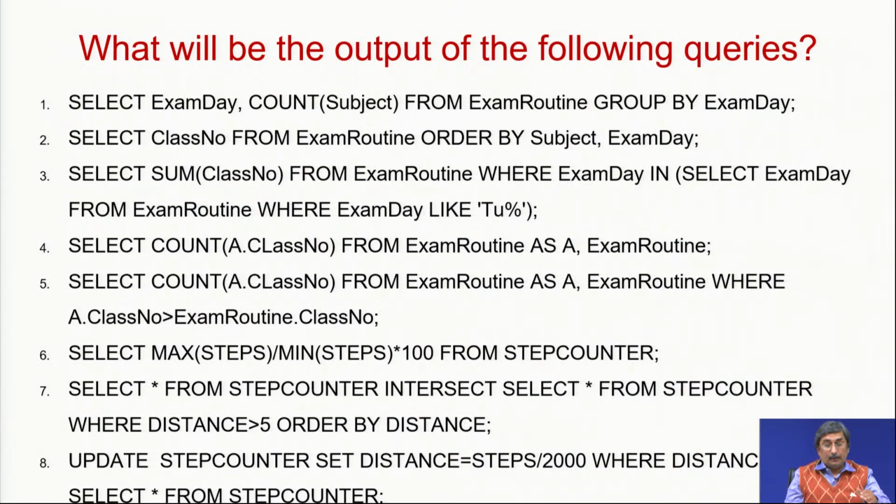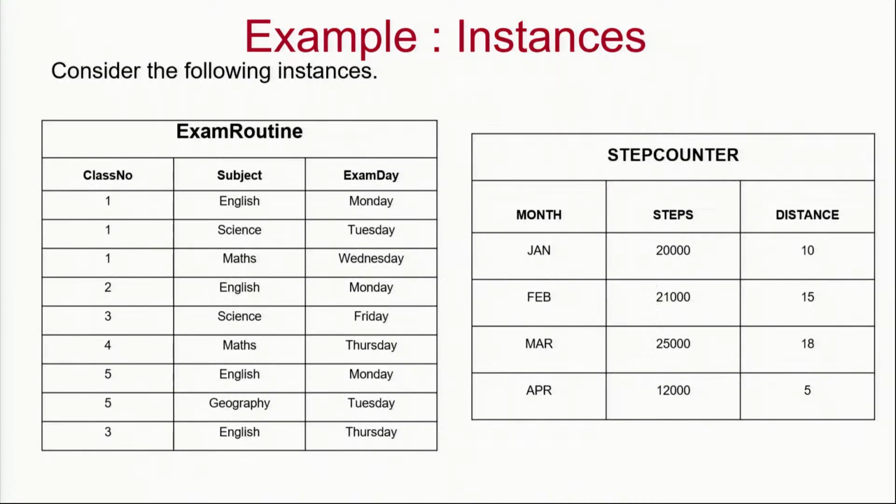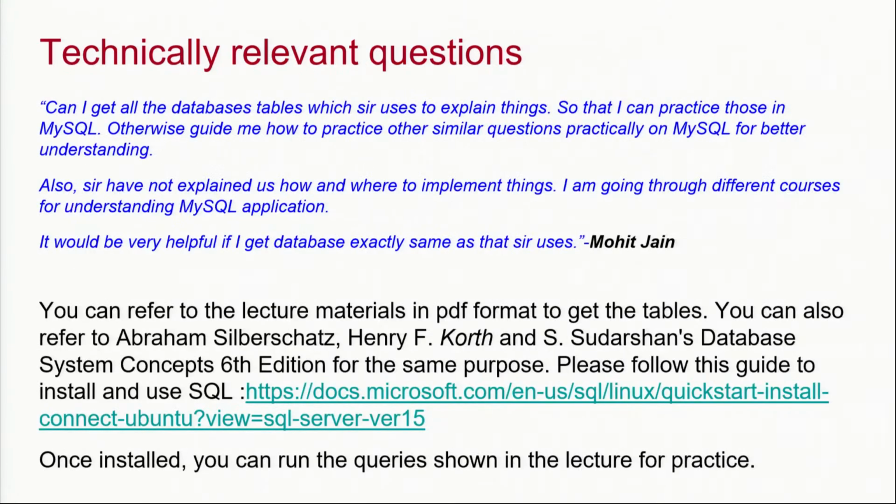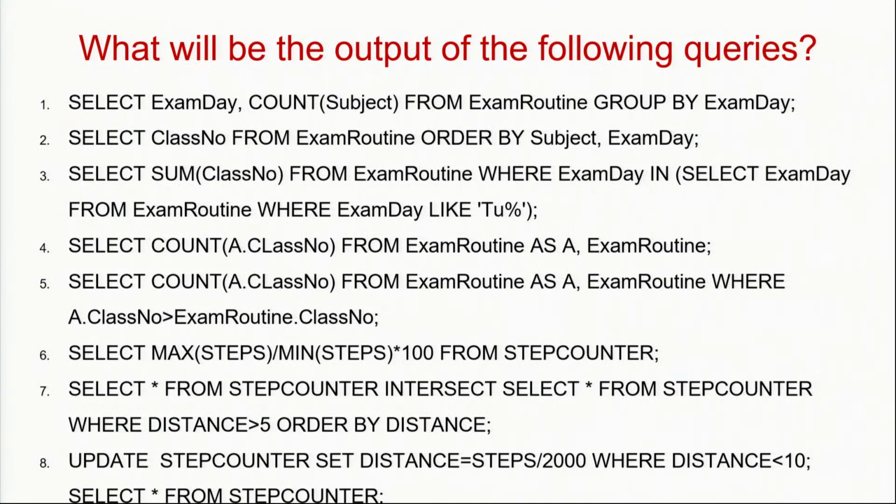Now, for example, if these are the different questions, right, then find out, for example, you can find out that exam routine is a table, right. Of course, because it is from exam routine.